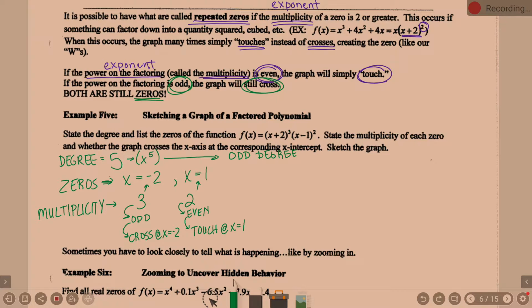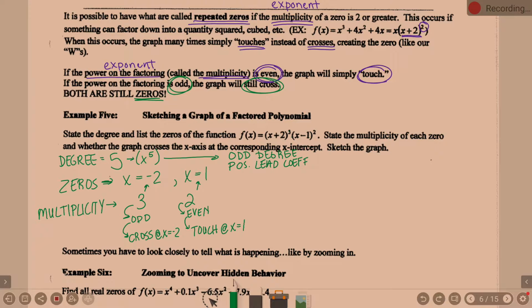A negative. If I multiply this out, am I going to have a positive or negative lead coefficient? It's going to be positive, right? Because if I do x times x times x, another x times x, that's just going to be an x to the 5th, and that's going to be a positive x to the 5th. So this is going to have a positive lead coefficient.